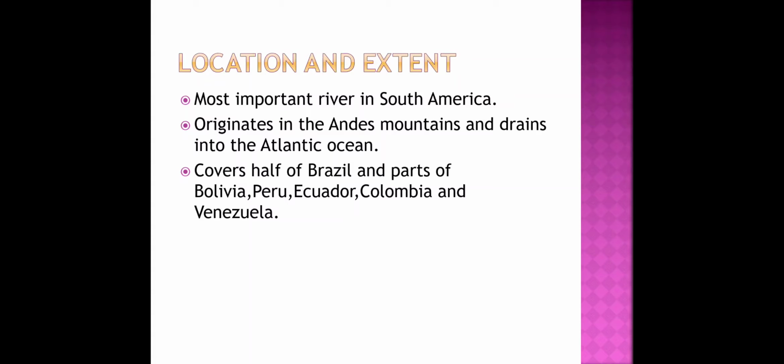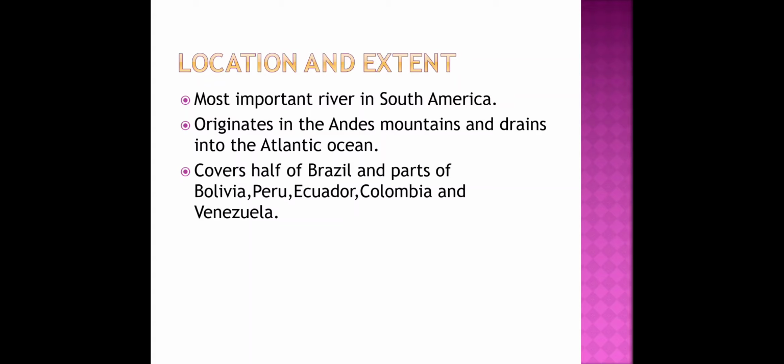So what did you understand about the location and extent? First of all, you all know that it is the most important river in South America, and the Amazon basin has the tallest and densest forest in the world. Then you should know from where it originates and where it drains.